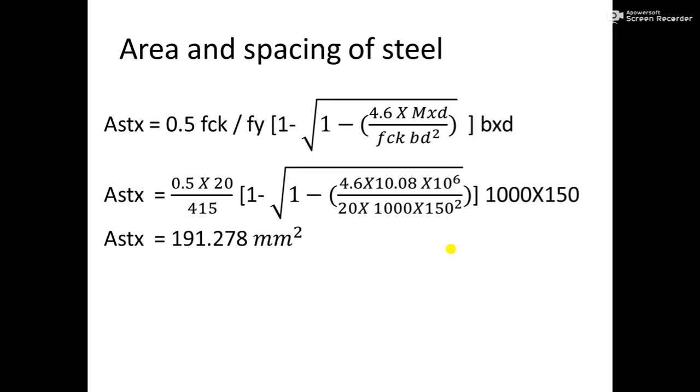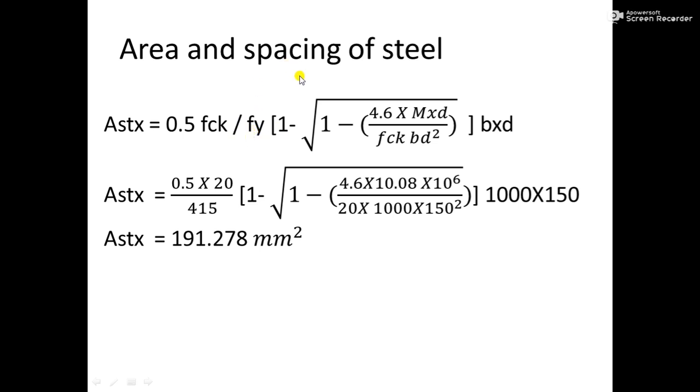Now calculation of steel area. In design steps, I told you that while calculating the steel area, you go through the neutral axis formula or directly use these formulas. So you can use these formulas directly, because this formula for calculation of steel we had used in one-way slab and in cantilever.